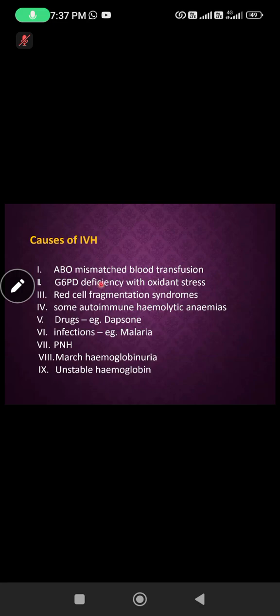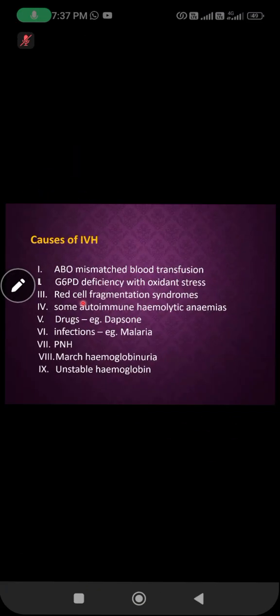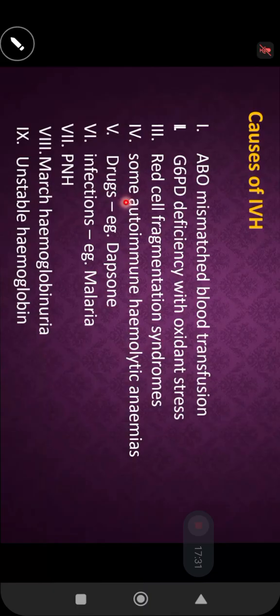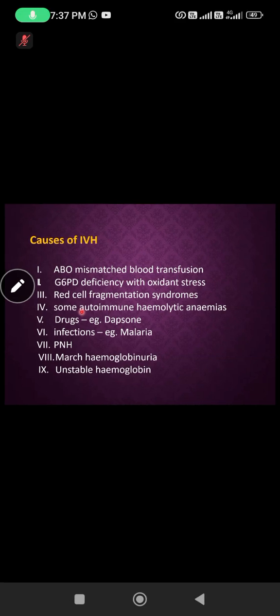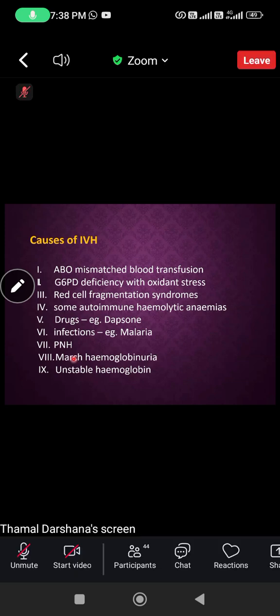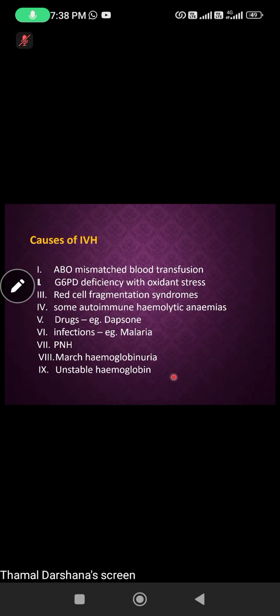Red cell fragmentation syndrome, you learned what that is, and autoimmune hemolytic anemias, drugs such as dapsone. Dapsone is given in leprosy caused by Mycobacterium leprae. Then malaria, paroxysmal nocturnal hemoglobinuria, March hemoglobinuria, and unstable hemoglobin. Unstable hemoglobins are globin chain defects.